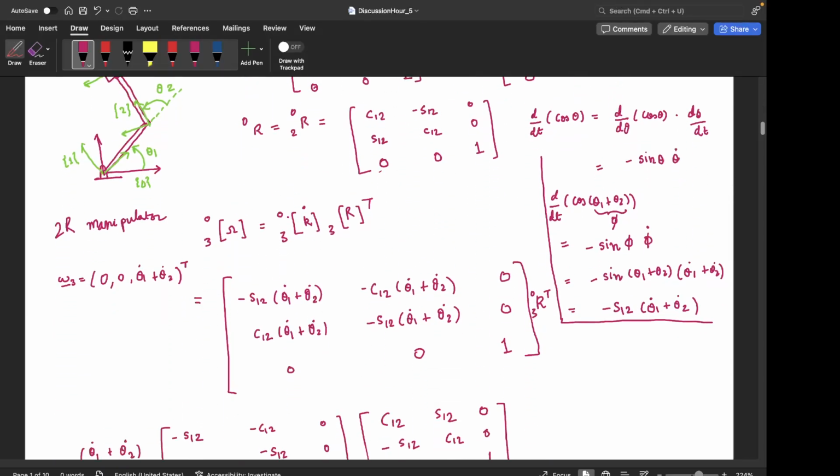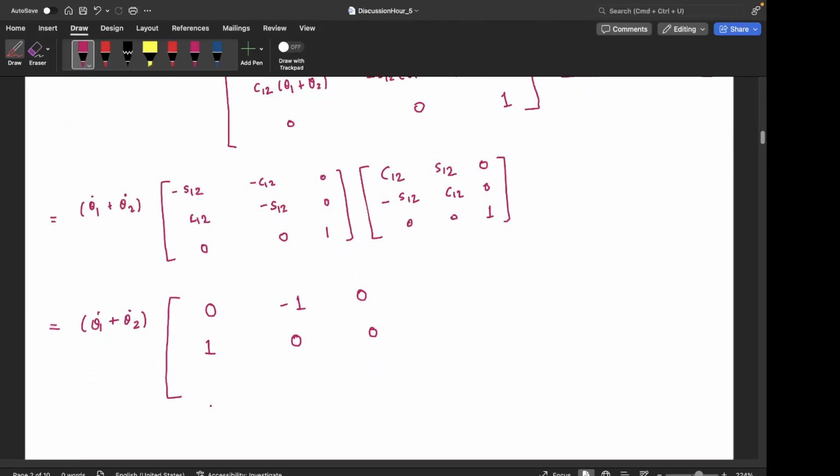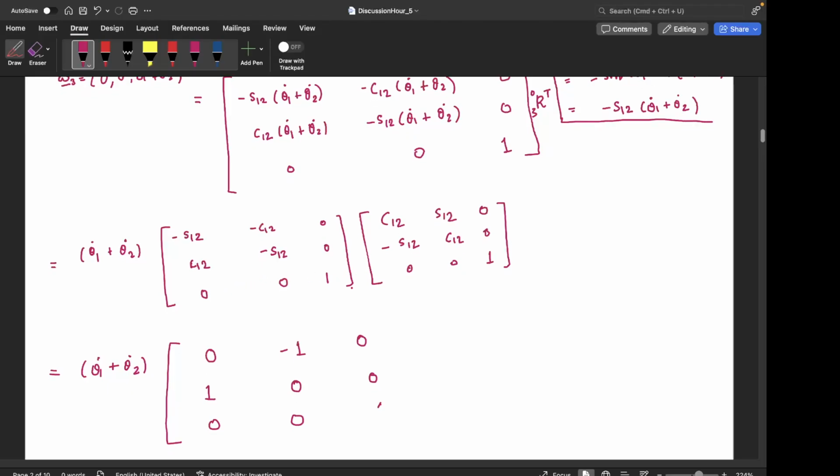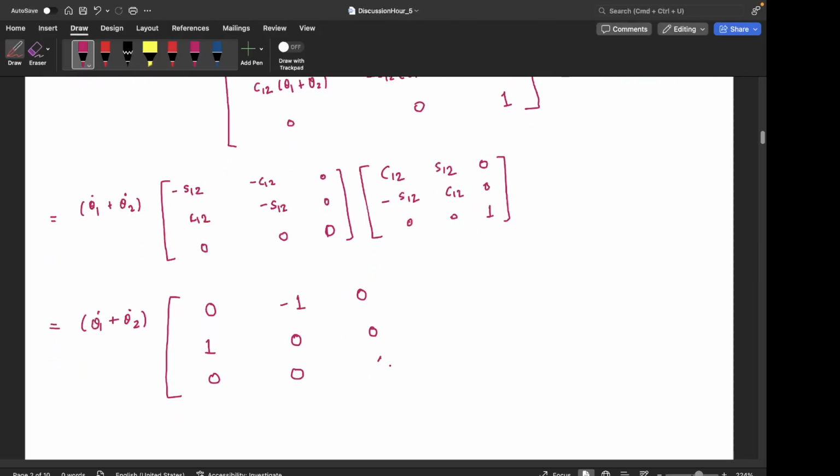I will correct it later. And here the term would be 0 0, and this is 0 0 1 0 0 1. Here it would be not 1 but 0 because it's a derivative, so here it would be 0.